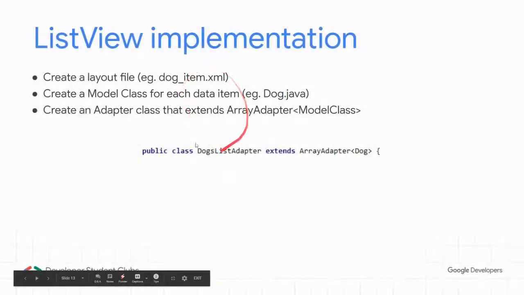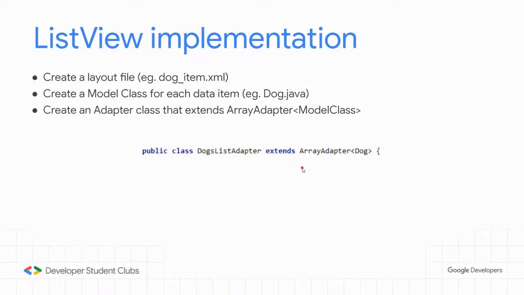Next, this is the meat, where you have to get your hands dirty and really flex your muscles, because this is where the actual implementation of how ListView works is done. After this, we'll be able to run our app. So far we have just created these two individual components. Adapter will tie both of these components together. Remember the visual part and the data part, and then we can run the app and see some changes.